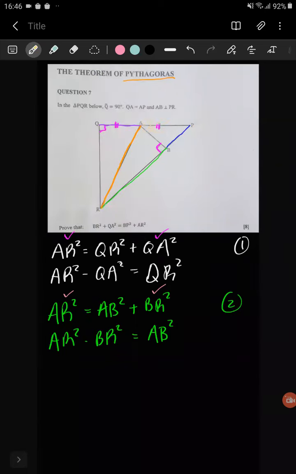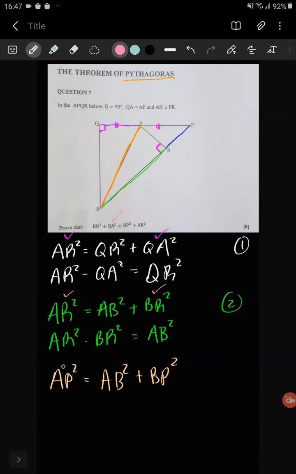So this tiny triangle, we can also write out. Here the hypotenuse is obviously AP, right? So AP squared is equal to AB squared plus BP squared. Fantastic. Now, obviously here the same idea. AP is nowhere in here, but then AP is equal to AQ.